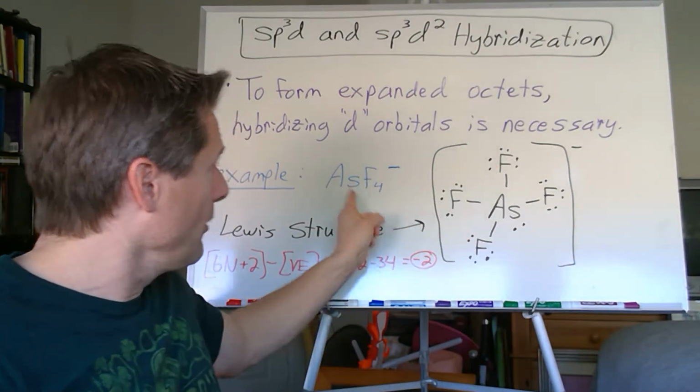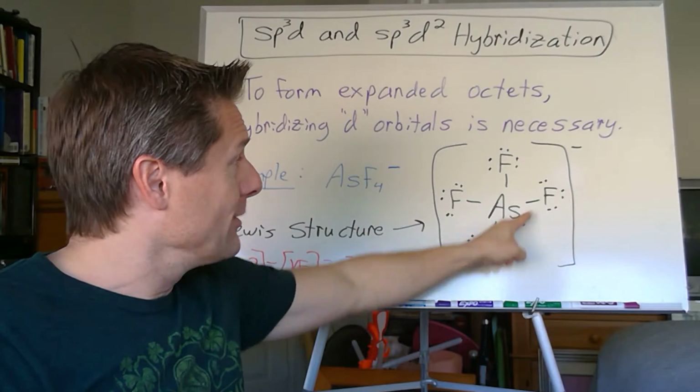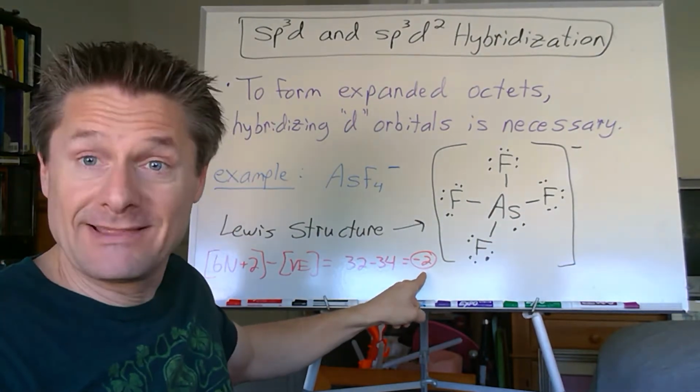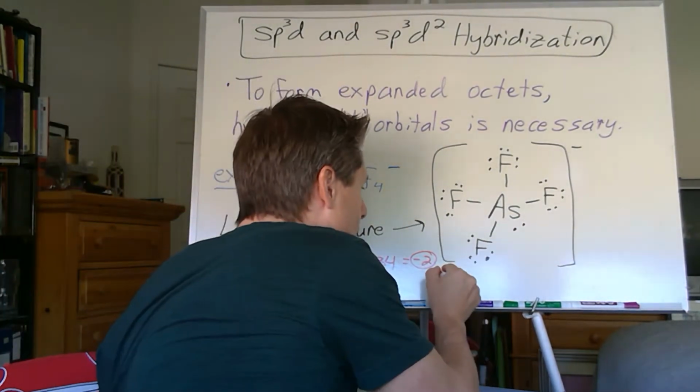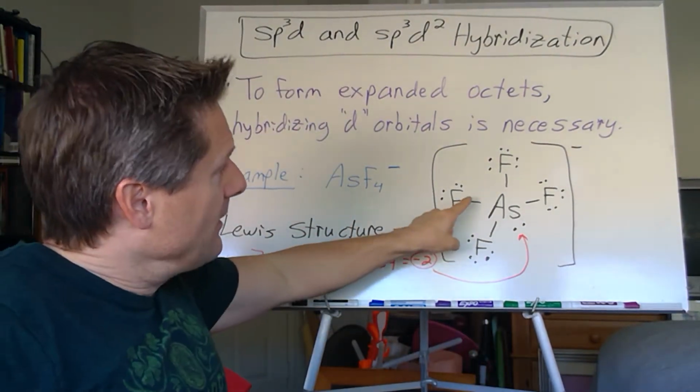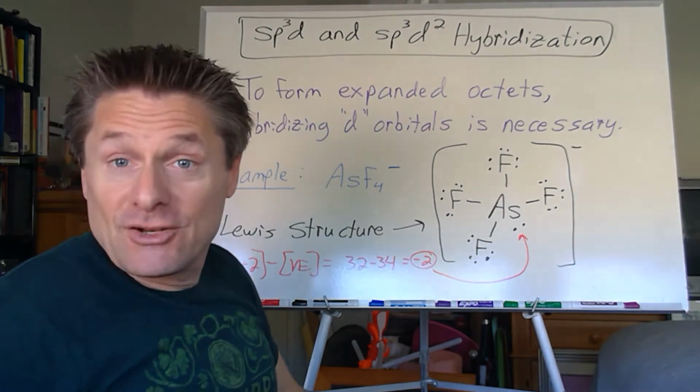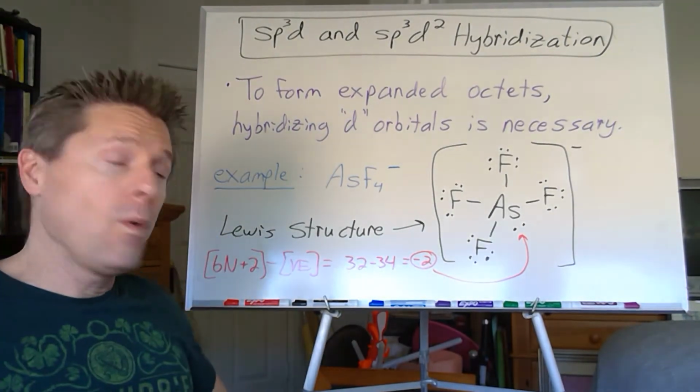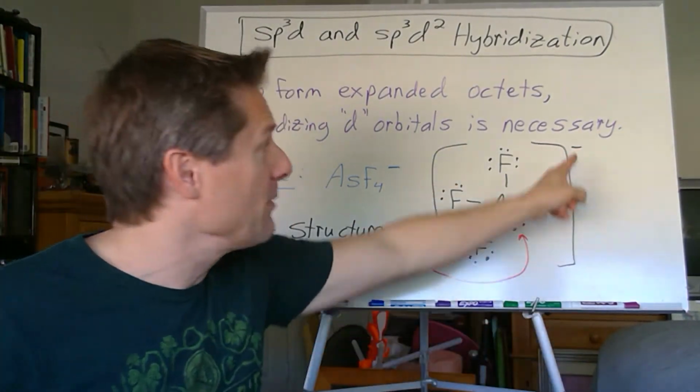So put the 4 fluorines around it. That gives you 2, 4, 6, 8. And then we need 2 more because of the expanded octet. Got those extra electrons in there. So that gives us 1, 2, 3, 4, 5 electron groups. And remember we need brackets around it to show that we picked up an extra electron.